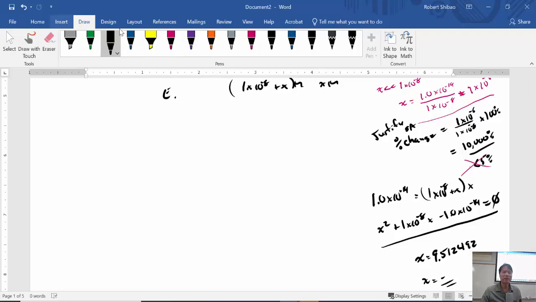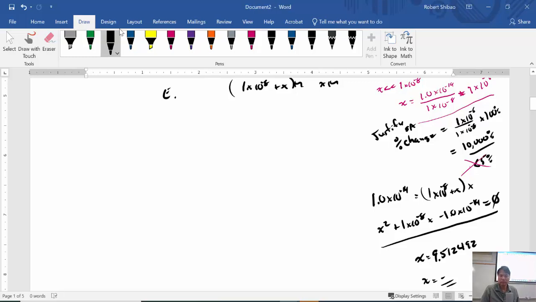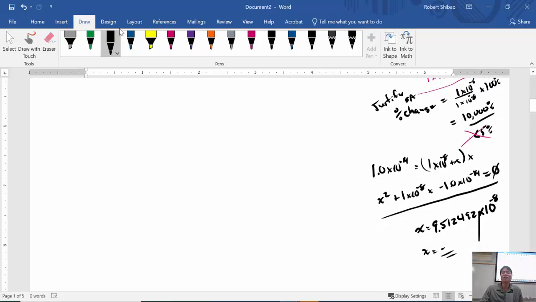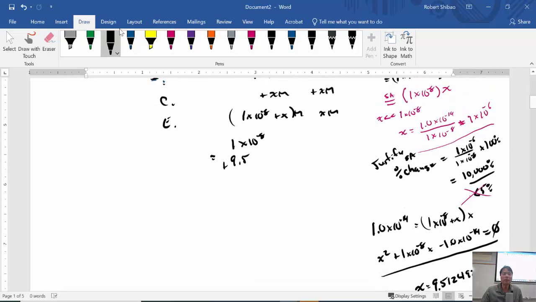So x is 9.512 times 10 to the minus 8. So the equilibrium value we expect, we have 1 times 10 to the negative 8 plus 9.512 times 10 to the minus 8.